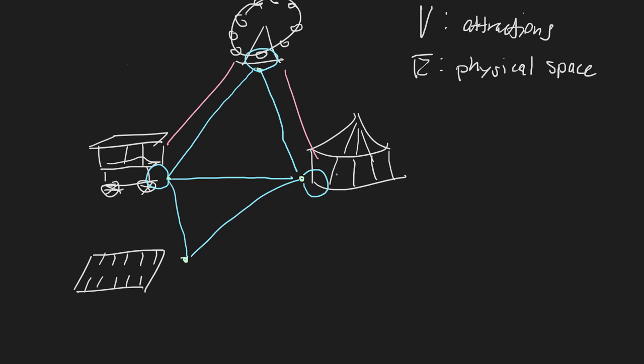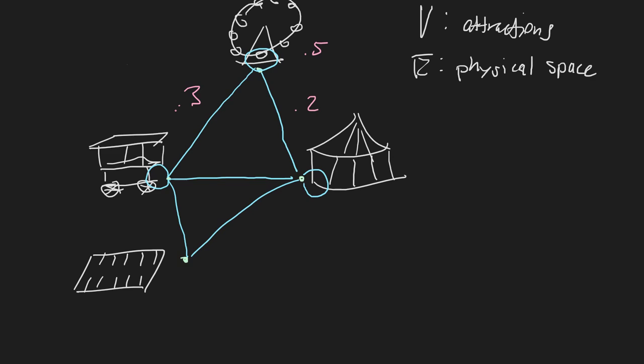So each of these edges gets some probability in our graph. That'll pretty much just be an edge weight. So we'll say maybe there's a 0.5 probability of staying at the Ferris wheel, and there's like a 0.2 going to the circus, and 0.3 of moving to the food stands.